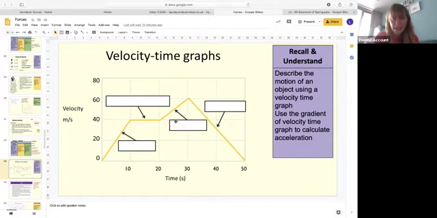Here I've got a little triangle and a big triangle. So I'd add all of those together and that would be the distance that I have travelled. Very common in higher tier is a question on acceleration and velocity time graphs to work out not only the acceleration but also the distance that they've gone. Working out the acceleration.